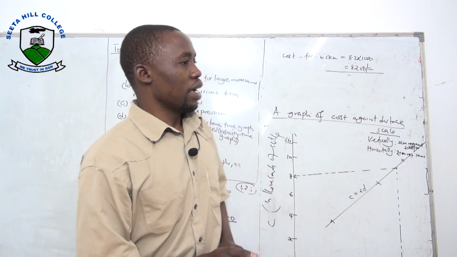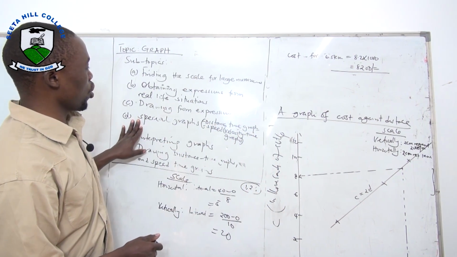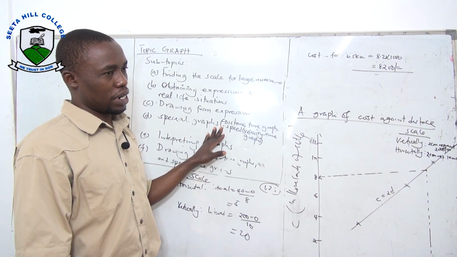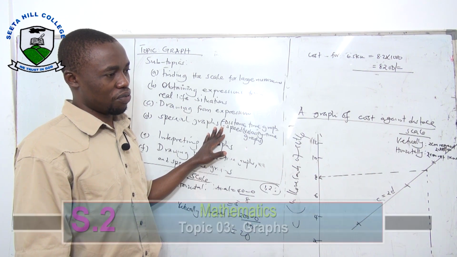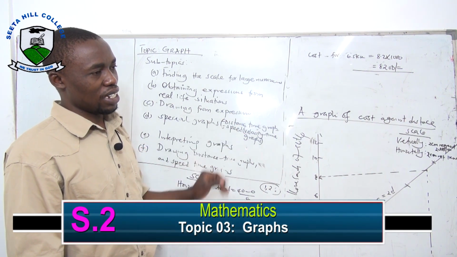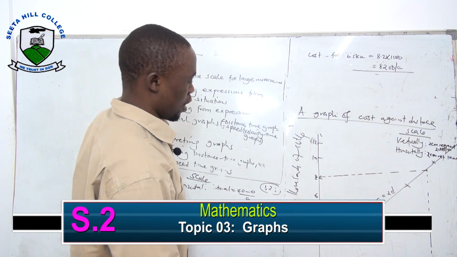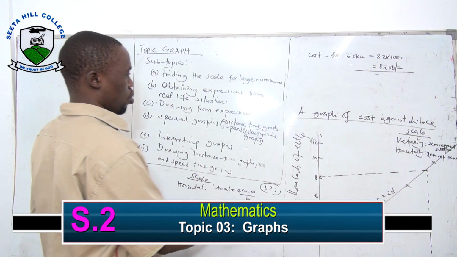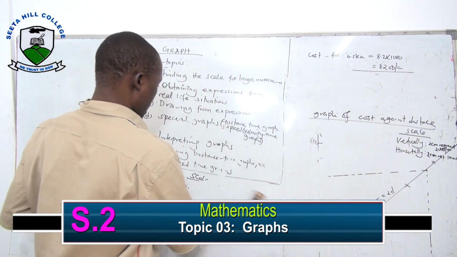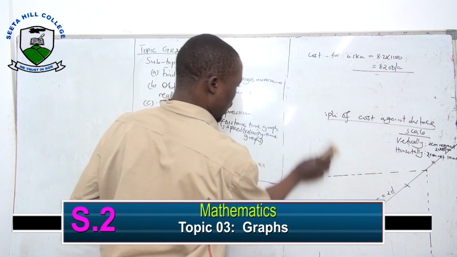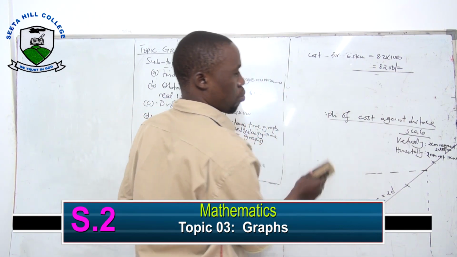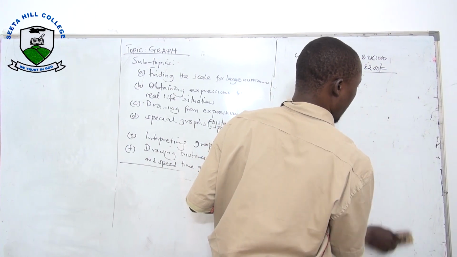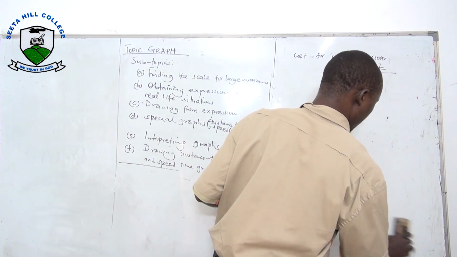Now, okay, next subtopic, special graphs. Clear? I want us to turn here very fast. Plotting is done, and people know how to plot and work the scales out. Now, special graphs. And there are 2 special to us. Others are general. Others can be in terms of height, populations, depending on the question.